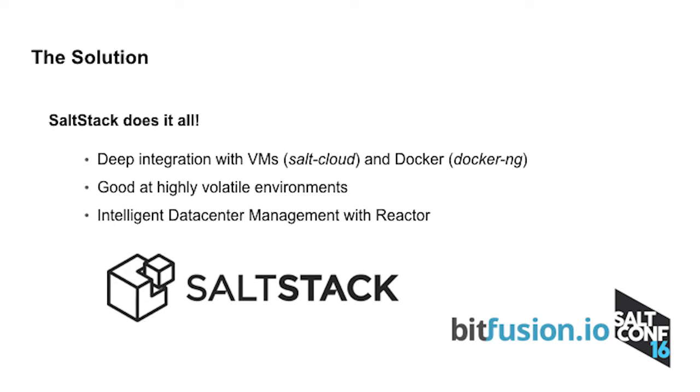And Salt really worked very well for us because we have a very deep integration with the VM environment, with Salt Cloud, that is also cross-provider, so that we can use it with Amazon or Rackspace or any one of these other clouds that we wanted to deal with. And it has very good integration with Docker, with the Docker NG module. It's very good at environments where you have things coming and going a lot, which some of the other tools struggle a little bit with because they're very IP address sensitive.